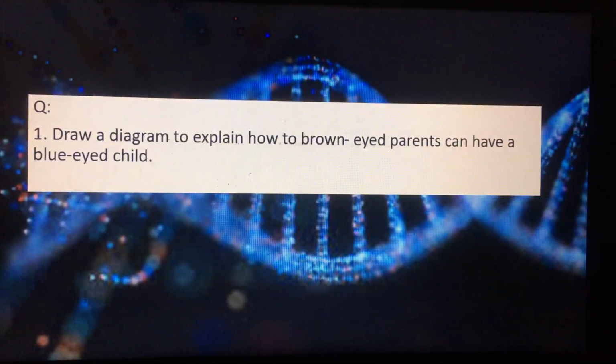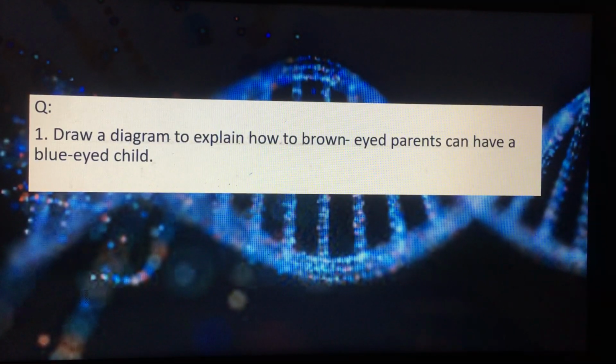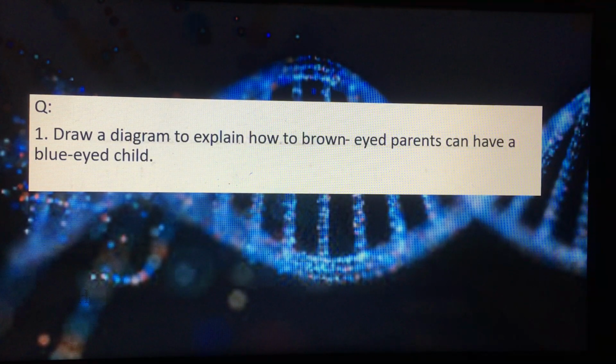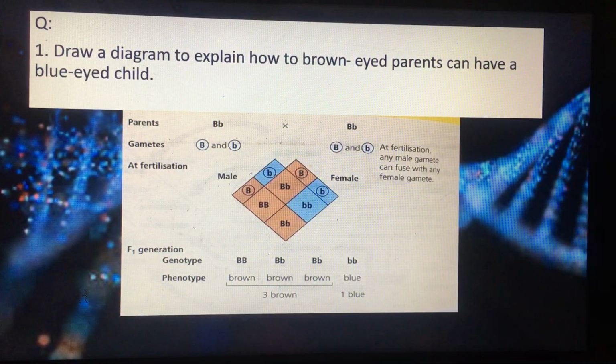Now here we have a question. Draw a diagram to explain how two brown-eyed parents can have a blue-eyed child. Okay, we explained that before. We said that brown-eyed parents are both B capital B small.